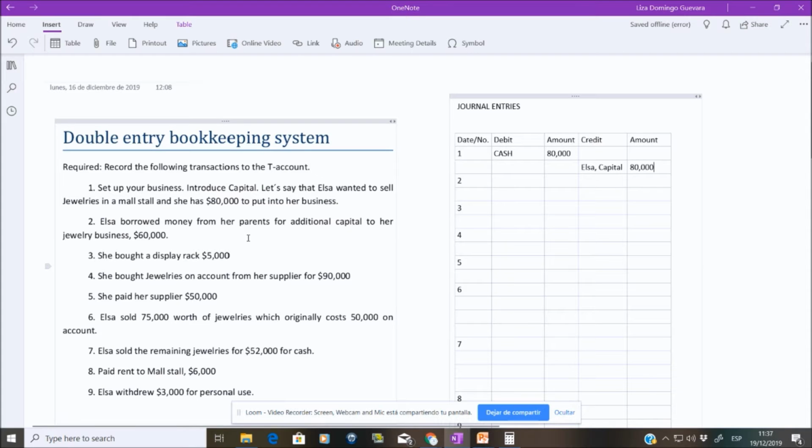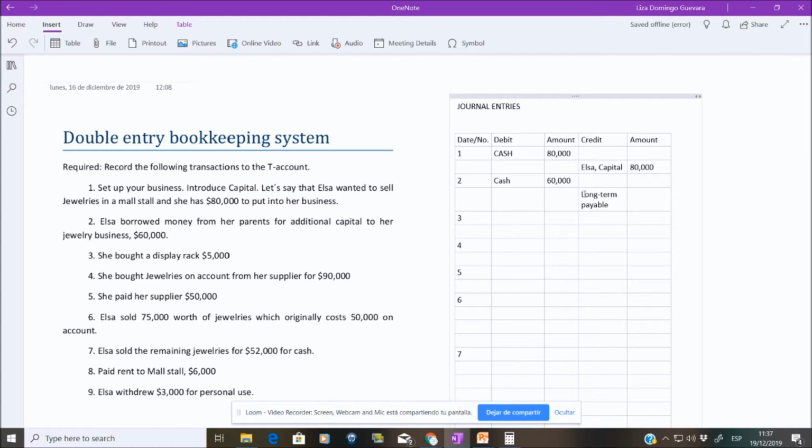Number two, Elsa borrowed money from her parents for additional capital to her jewelry business. So we will debit cash of 60,000 and credit accounts payable, long-term payable of 60,000.